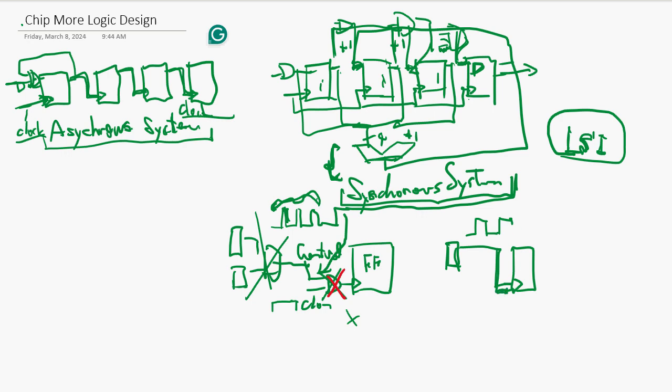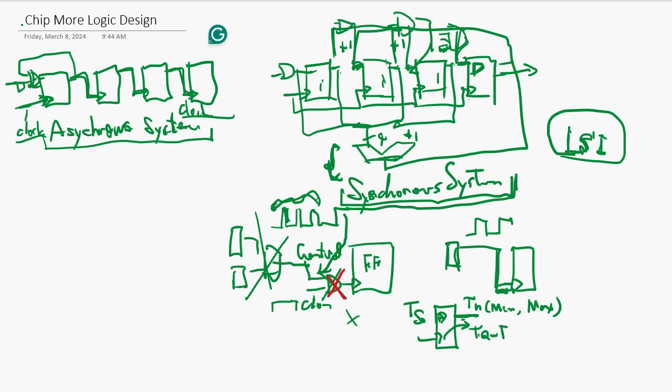The reason is that in synchronous design, for the flip-flop you have to care about four important timings: the data setup time, T setup, and the hold time. For hold time you need minimum and maximum. Another one is the delay time, T Q out.